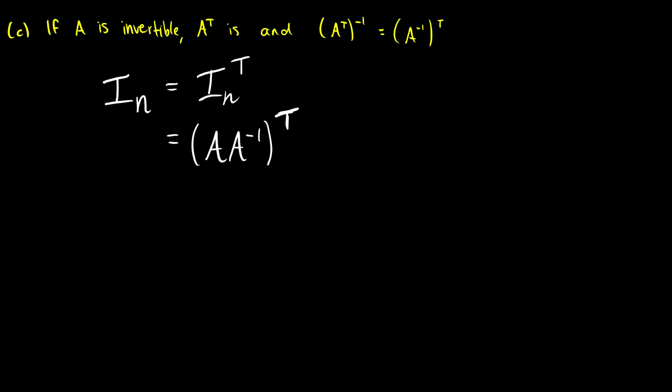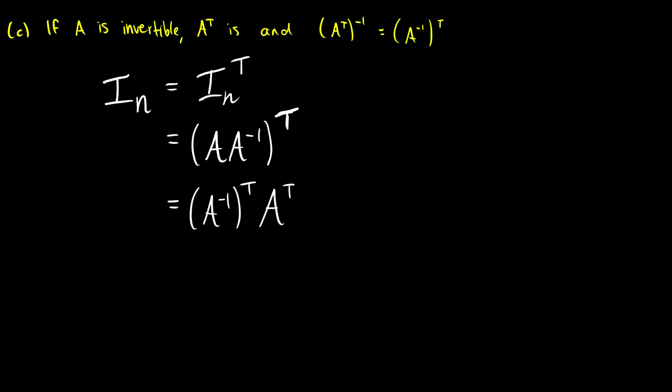Since we're not substituting the identity matrix transpose, we're just substituting in the identity matrix. So the identity matrix is equal to the transpose of A times A inverse. Now, if you remember our transpose laws, we can distribute it. So the transpose of A times A inverse is the same thing as A inverse transpose times A transpose.